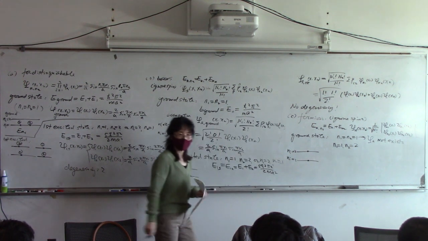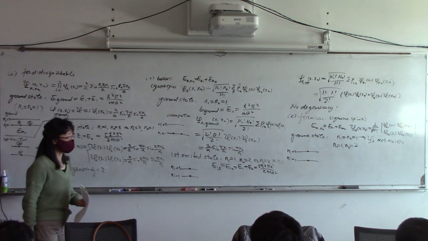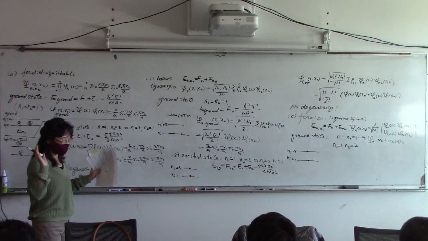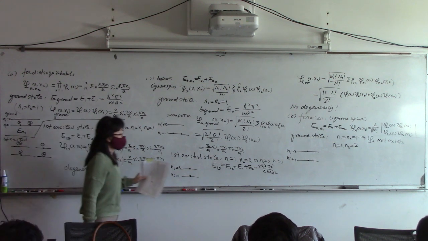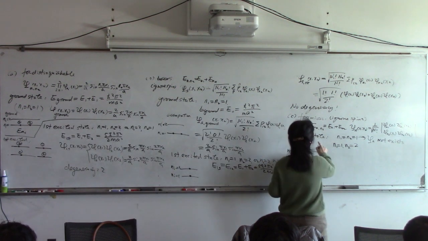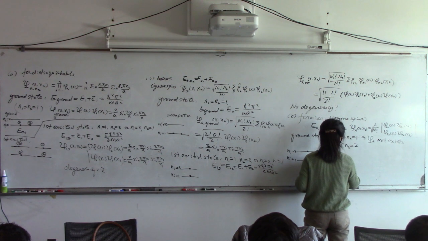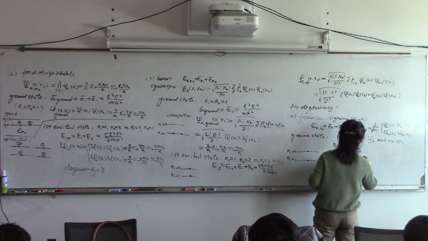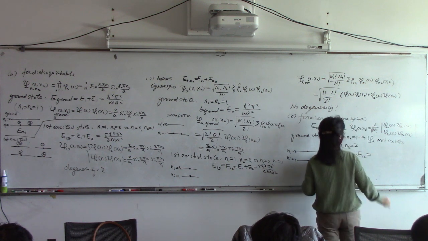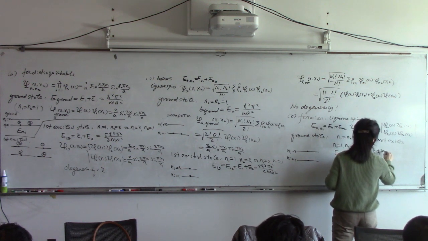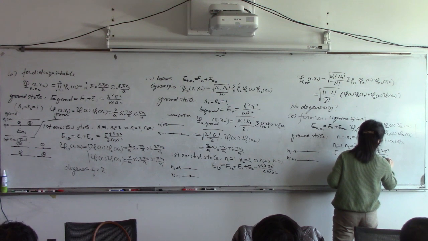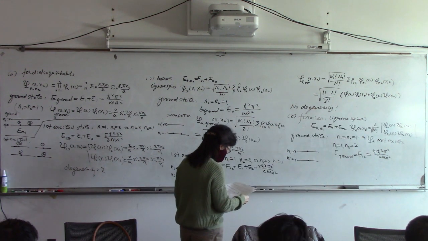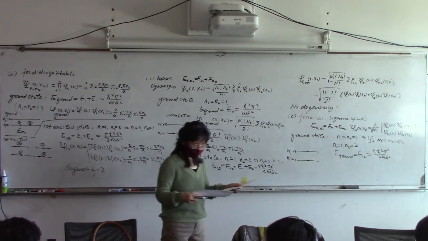For fermions, that follows the Pauli exclusion principle. We cannot have two particles occupy the same state. That is why for the ground state of fermions, the energy is E12, right? That is 5 h bar squared pi squared over 2 m a squared. That is the fermions.